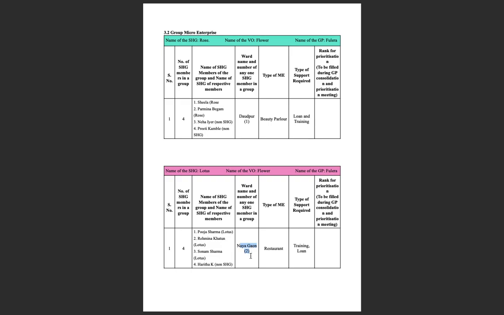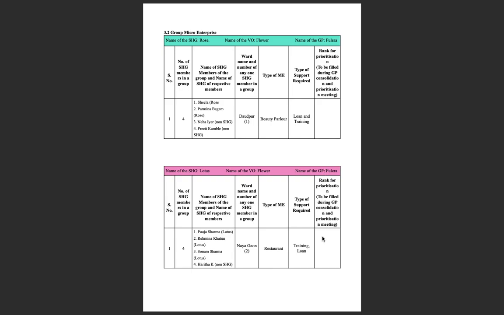So here it is Naya Gaon. We have to remember that all the 4 members' ward name or number need not be written. Any one member's ward name or number will suffice. The type of ME they want to take up is restaurant and the support they require is training or loan. The rank column has to be left blank.